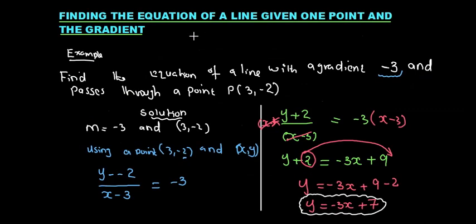Also, you can be told to find the equation when you are given 1 point, and when you are given 1 point you must be given the gradient so that you can use it to work out the equation.